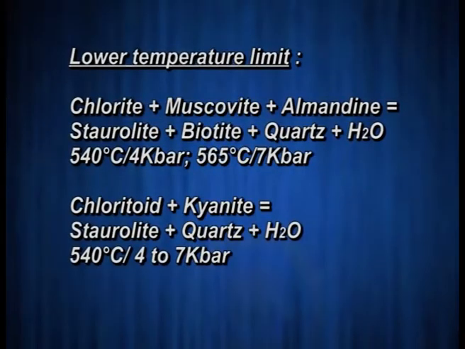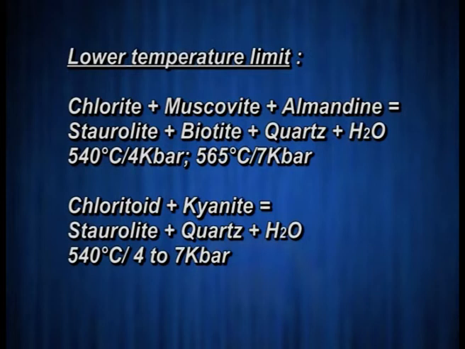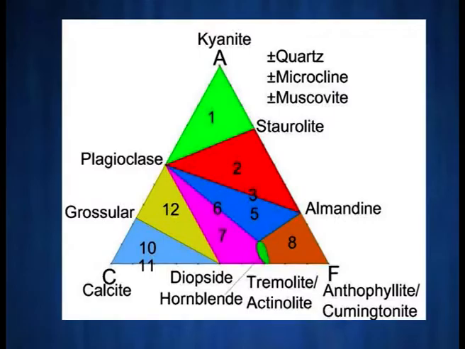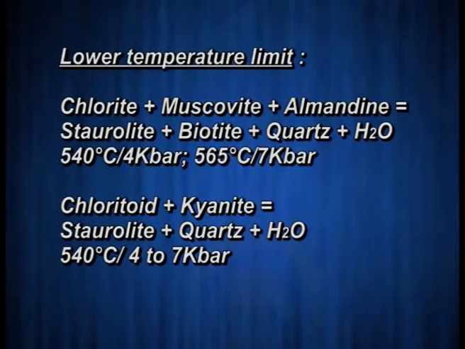Lower temperature limit. The appearance of staurolite is one of the most reliable indicators of the beginning of the Amphibolite Facies. Staurolite is formed by the following reaction: chlorite plus muscovite plus almandine garnet give rise to staurolite plus biotite plus quartz plus water. In fact, these reactions are bivalent reactions.